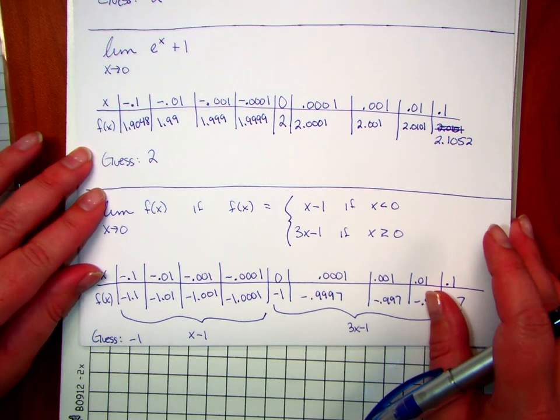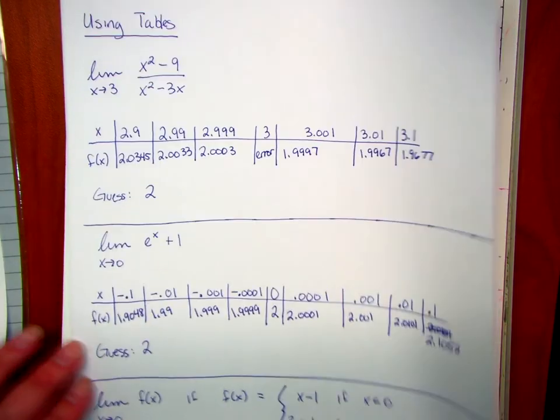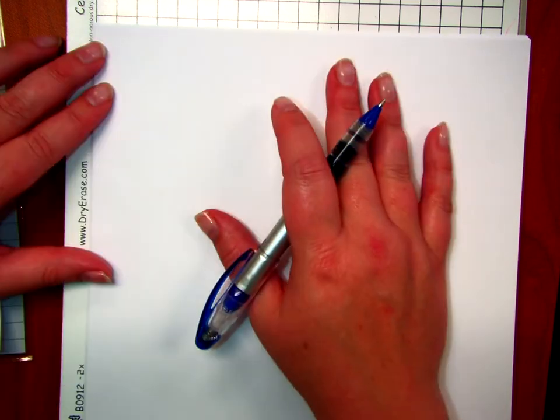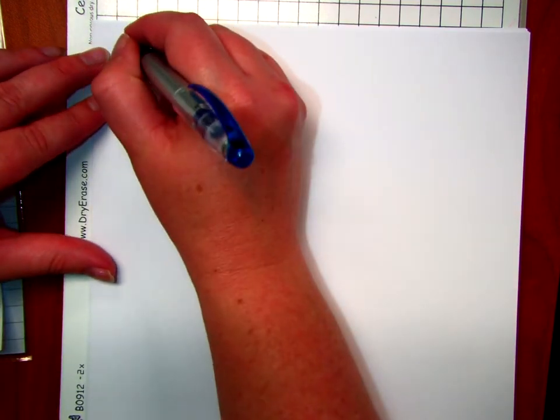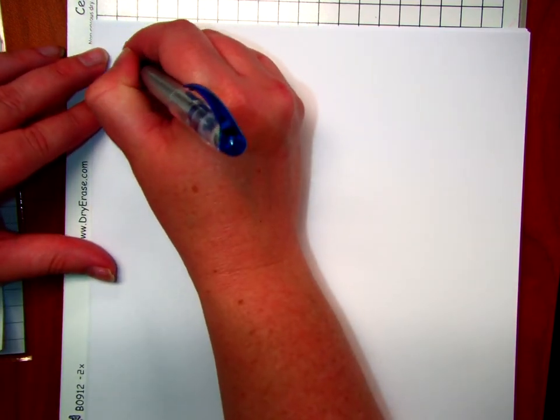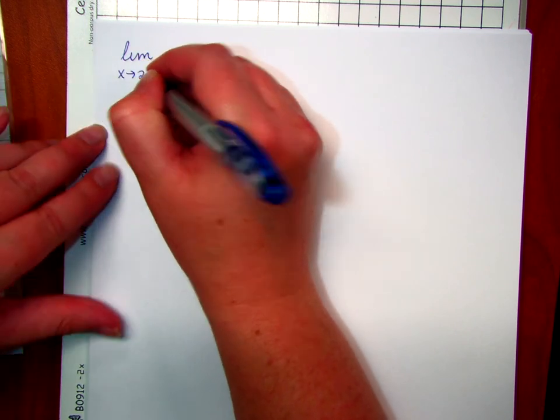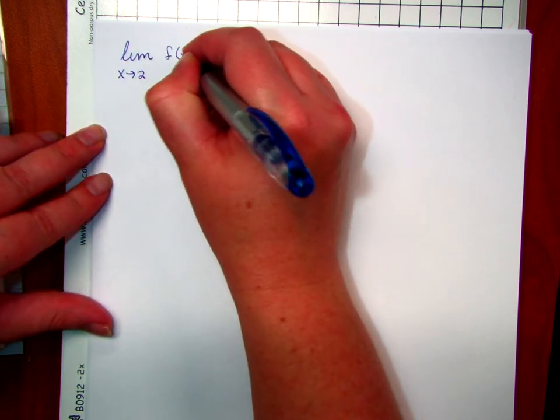So let's do one more piecewise defined function here. The limit as x approaches 2 of a function.